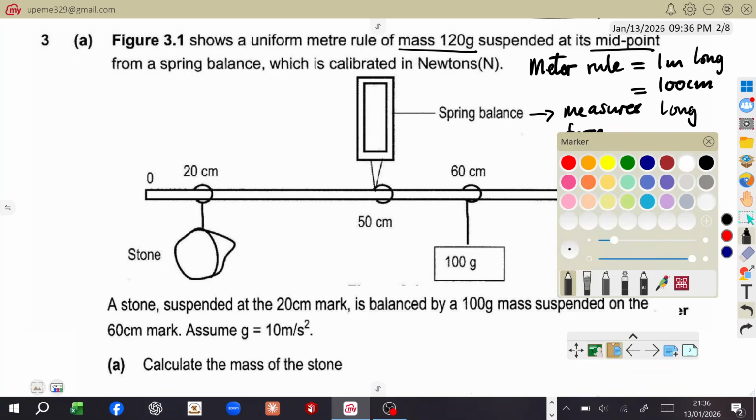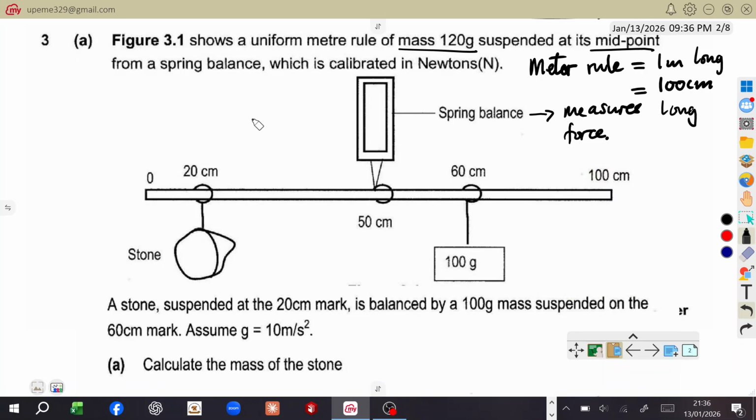If it is balanced, it means that what is on the right side is equal to what is on the left side. So the principle of moments is applying here: the clockwise moment is equal to the anti-clockwise moment.